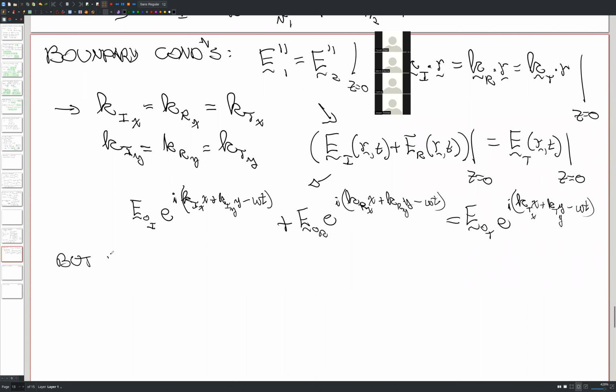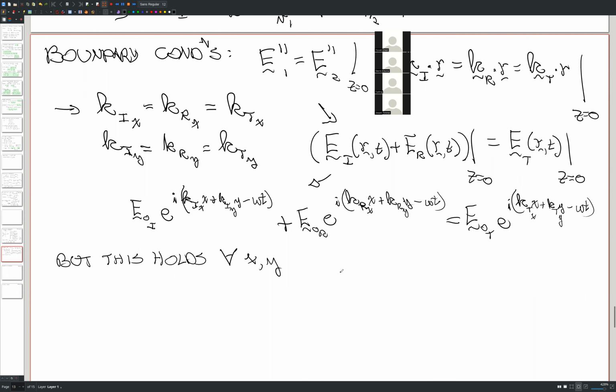But this holds for all x and y, and by orthogonality of the free wave coefficients e to the i, k, x, and whatnot, the only way this is going to be satisfied for any x and any y with given vectors like this is if the spatial dependency of each is the same.